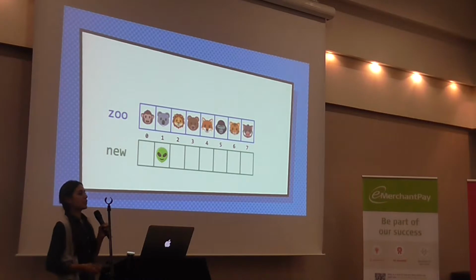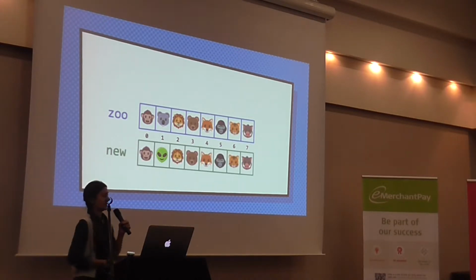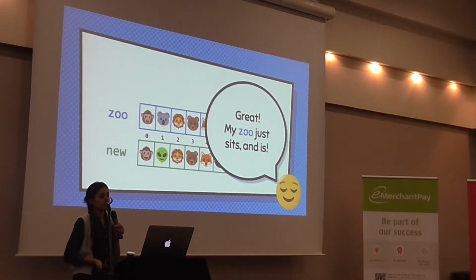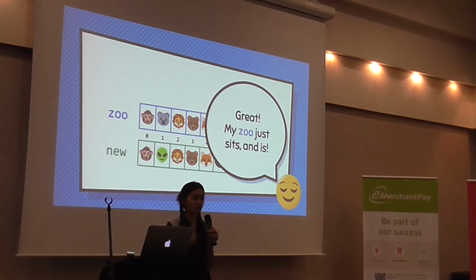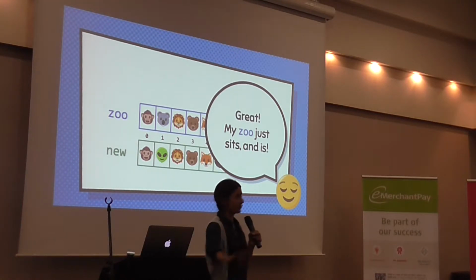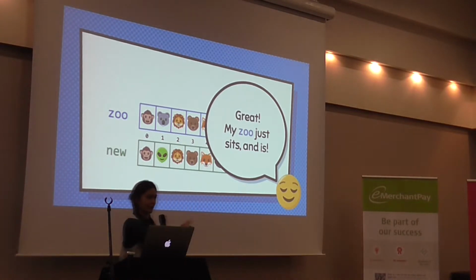But then I'd have to copy over every other animal, every other piece of data in that array that didn't change. So this is good for my coworker because she was working with zoo and I didn't change zoo at all. Zoo stays exactly the same, so I didn't cause her any bugs. I didn't cause future me any bugs because zoo is always the same.